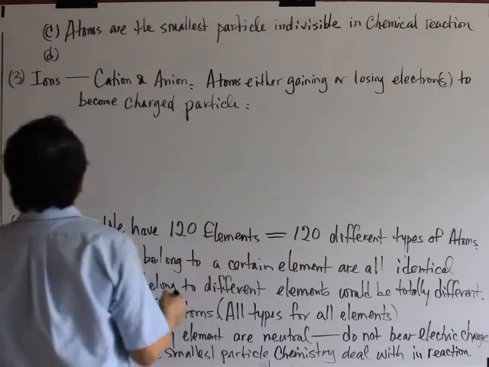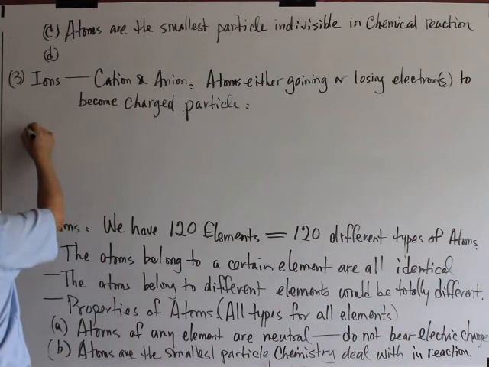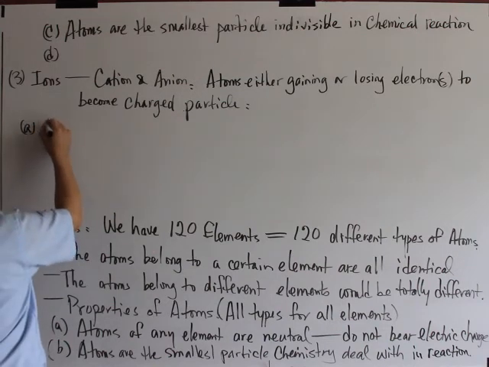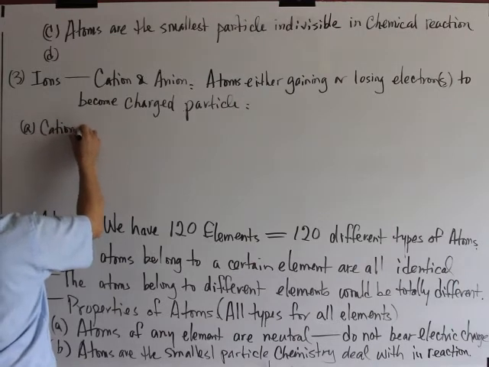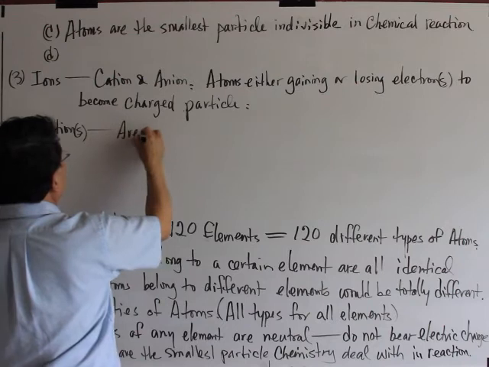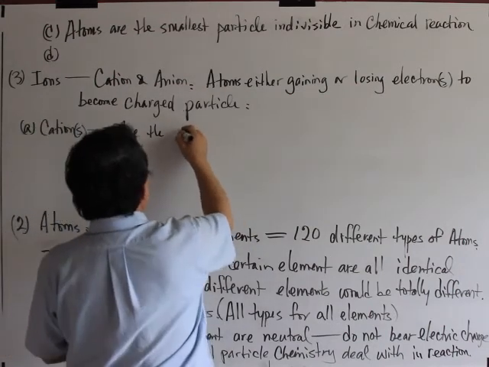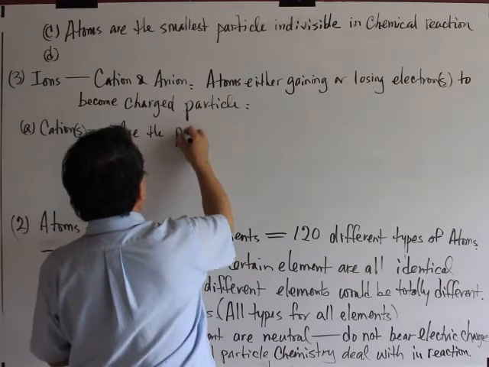How does this happen? So let's put it here. The cation. What is the definition of cations? Cations are atoms or particles.